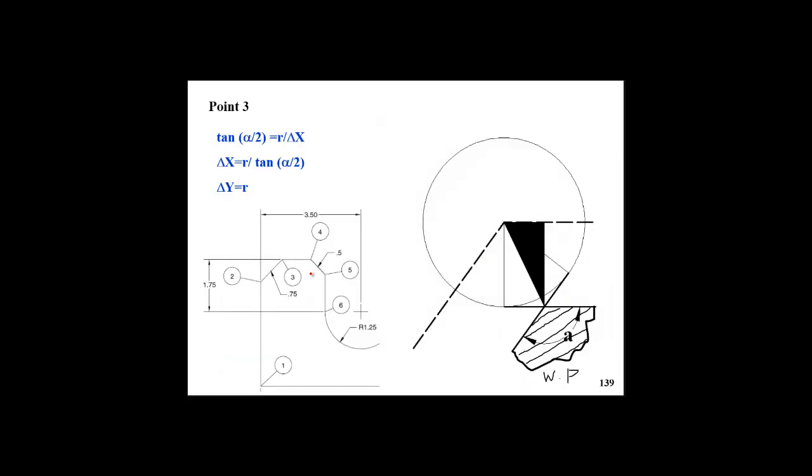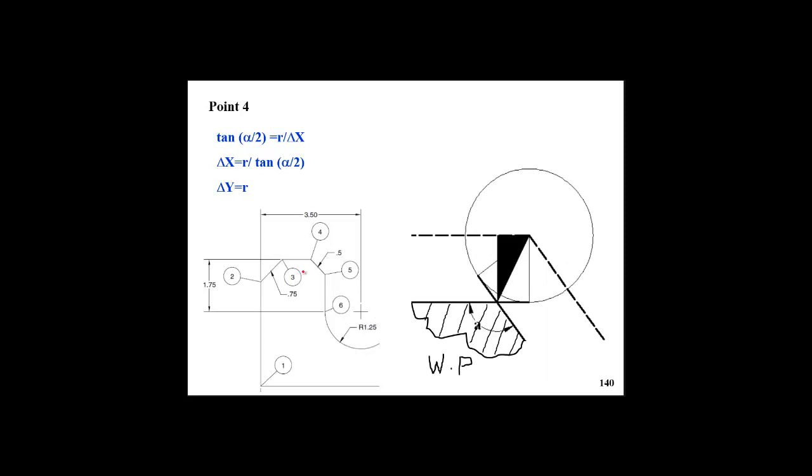And for point number 3, it is very similar to case number 2 we mentioned before. You have to solve that black triangle when you deal with that point number 3.